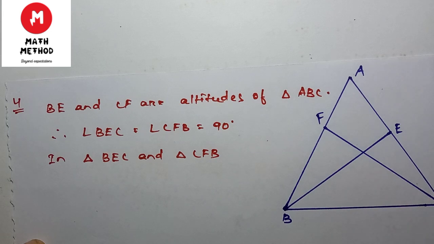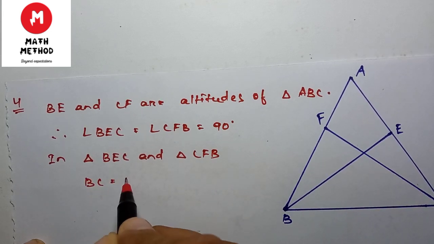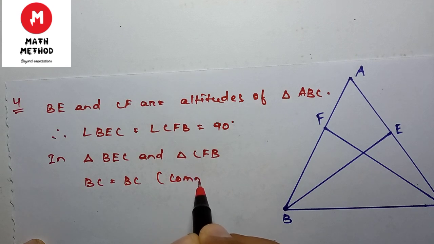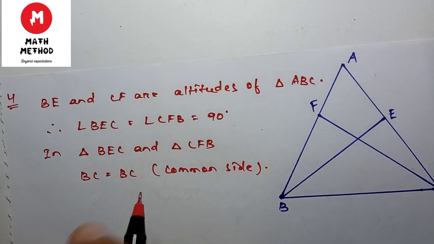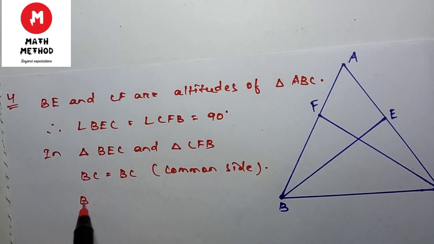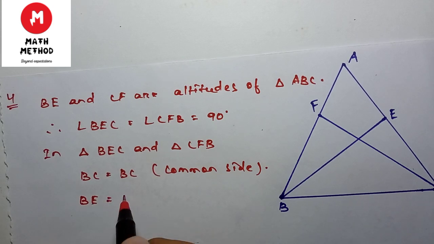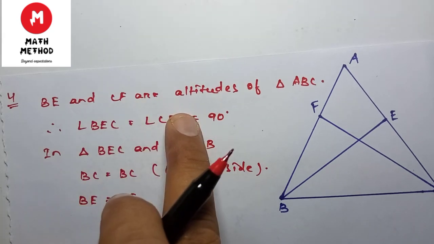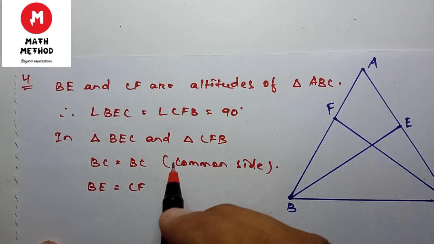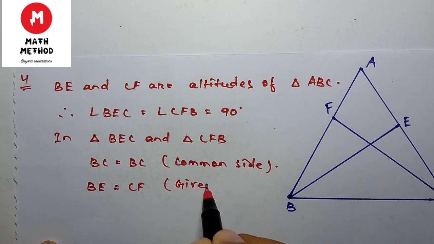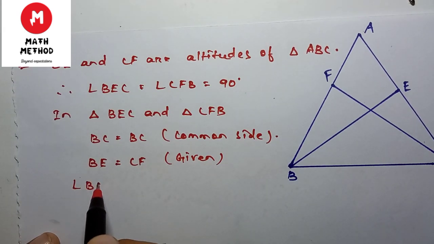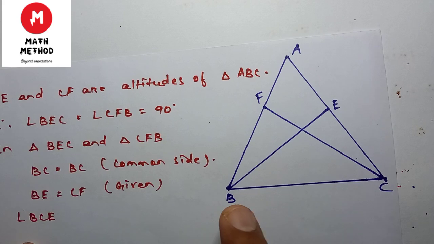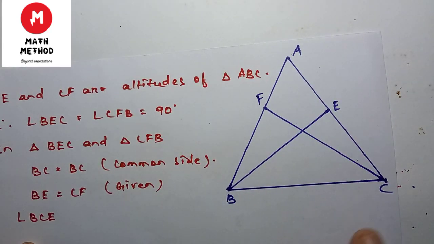Here BC is our common side, so BC is equal to BC, that is common side. Clear? So BE is equal to CF, because BE and CF are equal altitudes of triangle ABC, which is given.